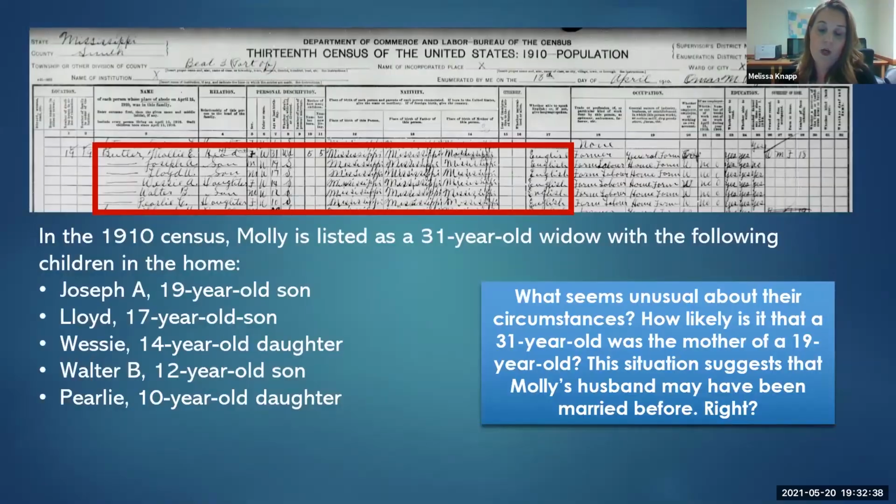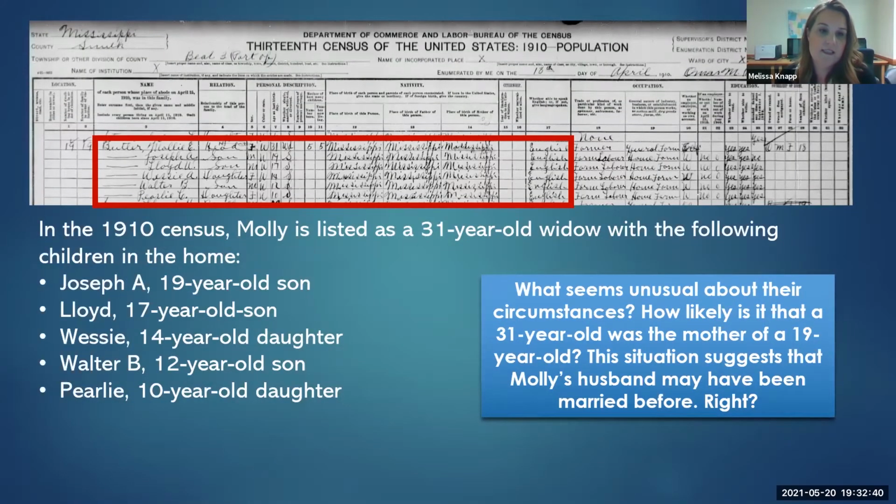Well, let's go to the 1910 census. Same family, but now Molly is listed as a 31-year-old widow with the following children in the home. And even though some of the names are a little bit different, because census records are notorious for having errors in names, depending on who the informant was or who the enumerator was for the census, they may have just written it down or heard it incorrectly.